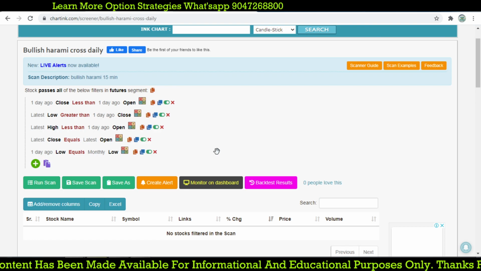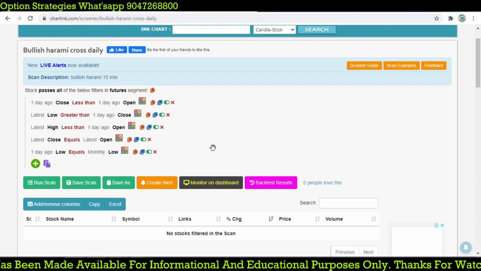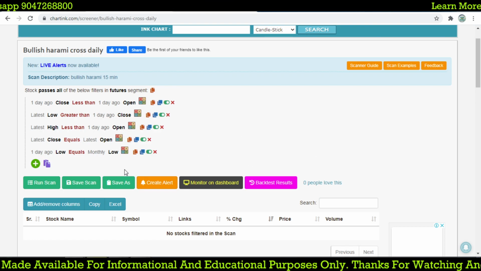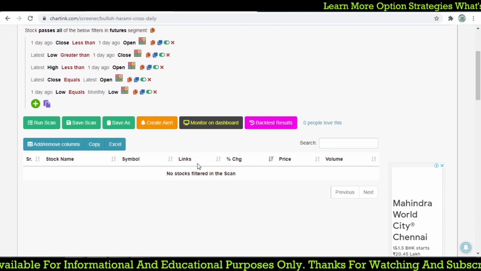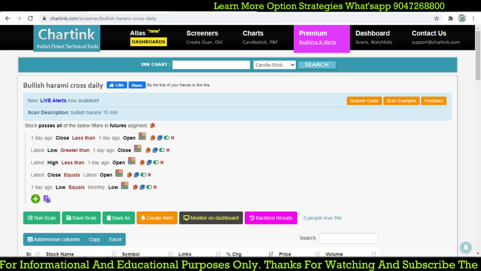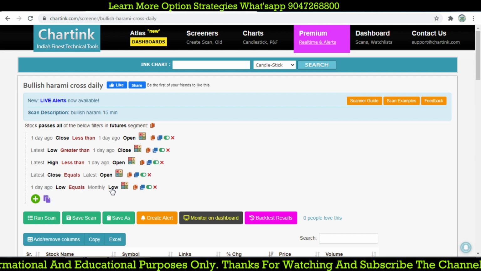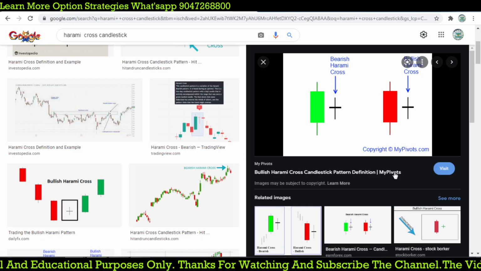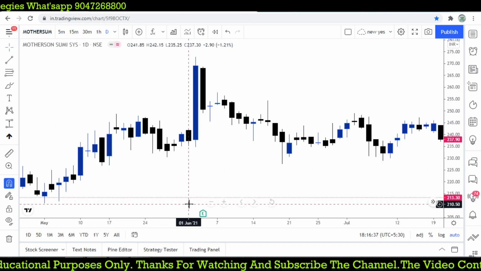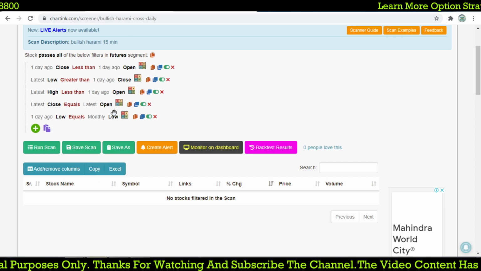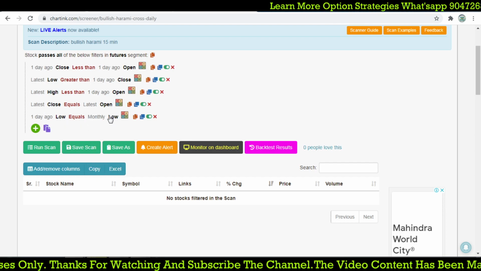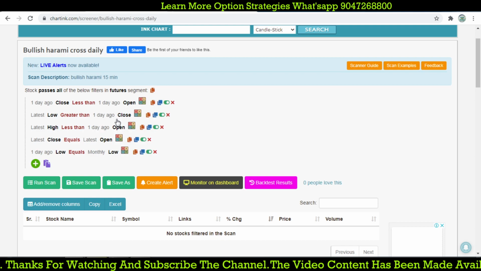Everything right, so this is the system. I'm not able to find it because the time is going. Both bullish Harami cross and bullish Harami candles will work here on a positional basis.